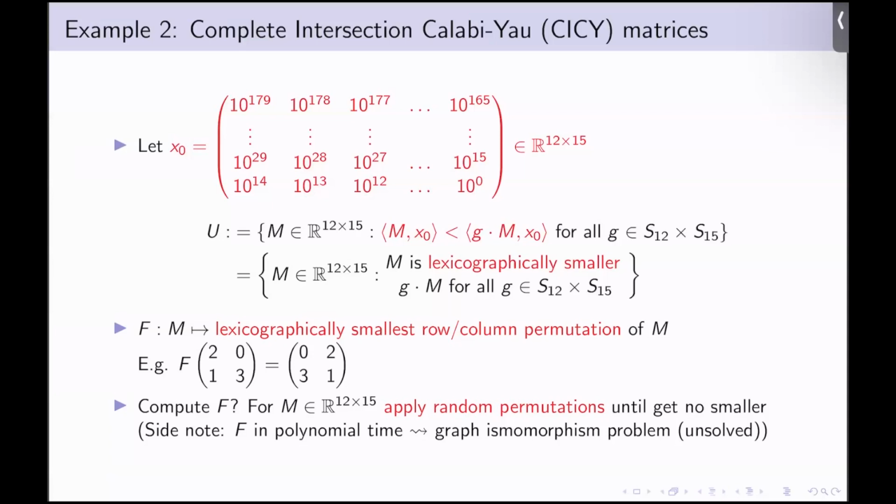Why didn't you think a bit harder and come up with a better way to compute this f? Well, the thing is, it's unlikely that it's possible to compute this f in polynomial time. Because if you were able to do this, you would be able to decide the graph isomorphism problem in polynomial time. So given two adjacency matrices of two graphs, the graph isomorphism problem is to decide whether they're isomorphic or not.